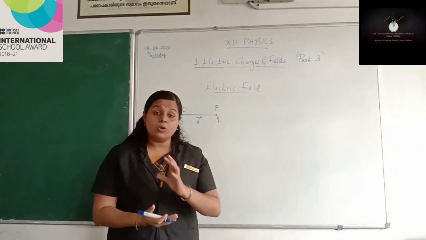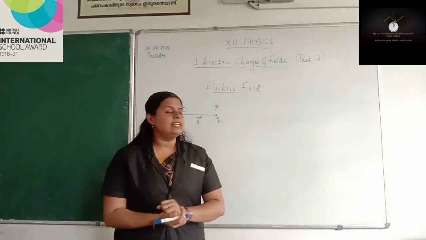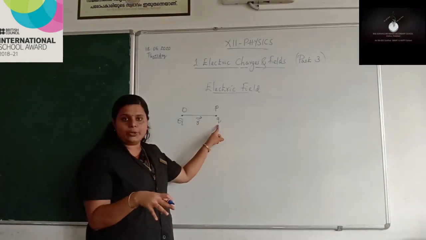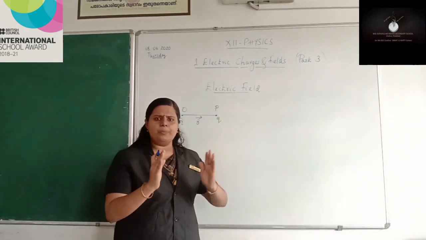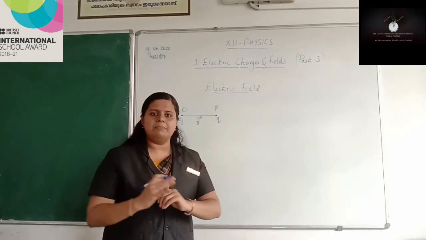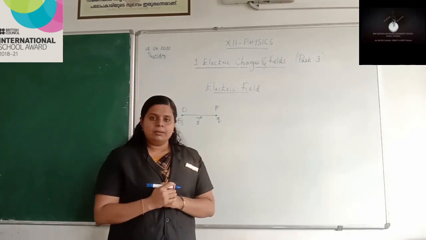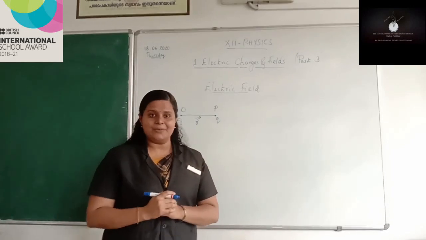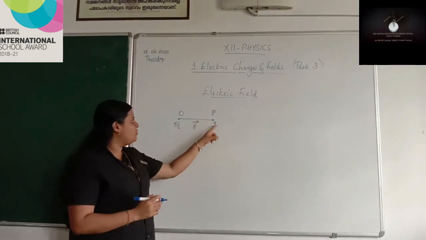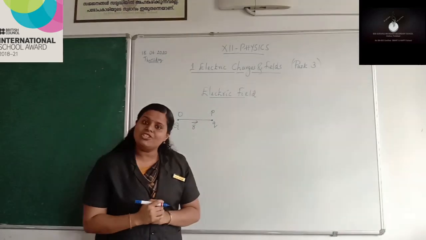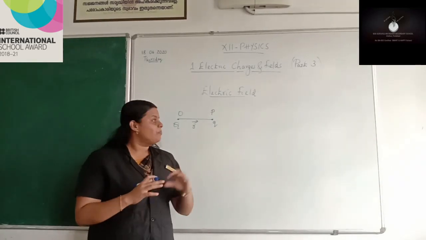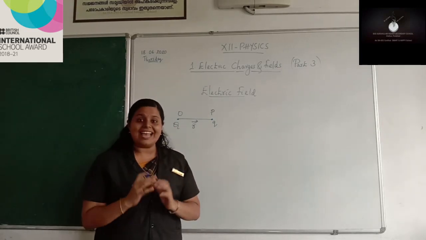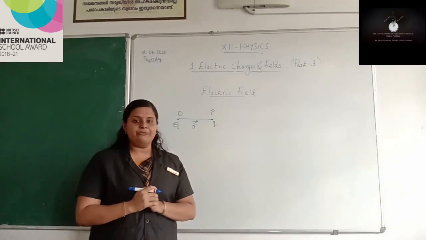Now from Coulomb's law, it is clear that this Q will exert a force on small q, and it is given by 1 by 4 pi epsilon 0 Qq divided by r square. But my question is, how does this force act? Is there anything in between these two point charges? Definitely there is something in between these two point charges, and that is the electric field.